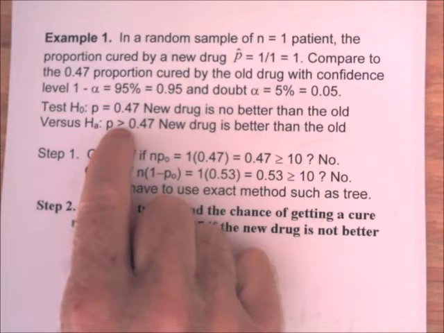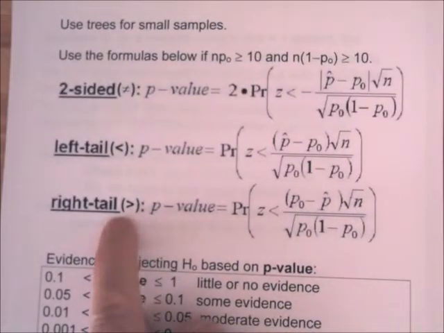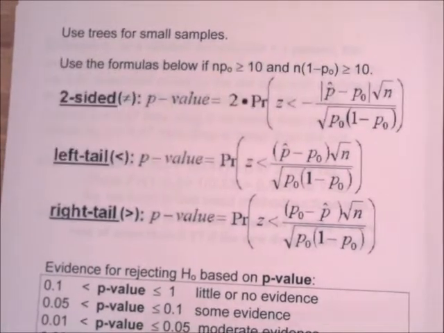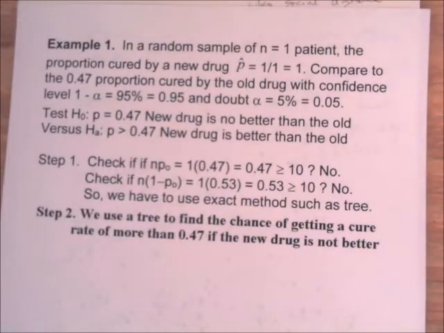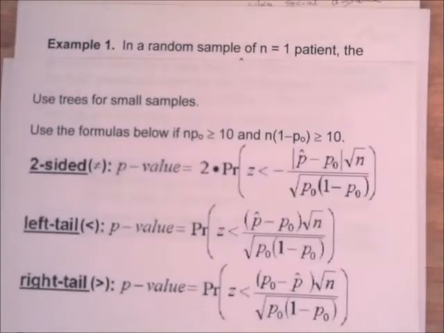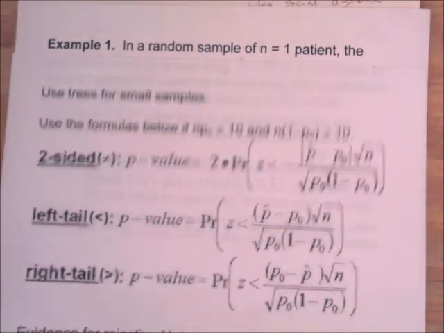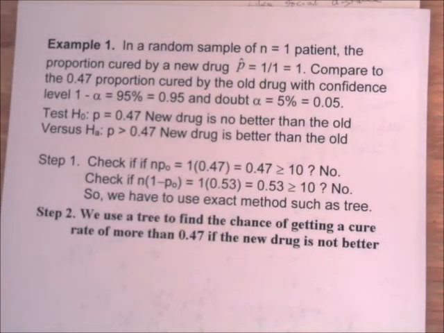For this small sample, we're not actually going to use a formula, but if we were using the formula, that would be the third formula for the right-tailed test. The first step is to check whether n times p0 and n times 1 minus p0 are both at least 10.